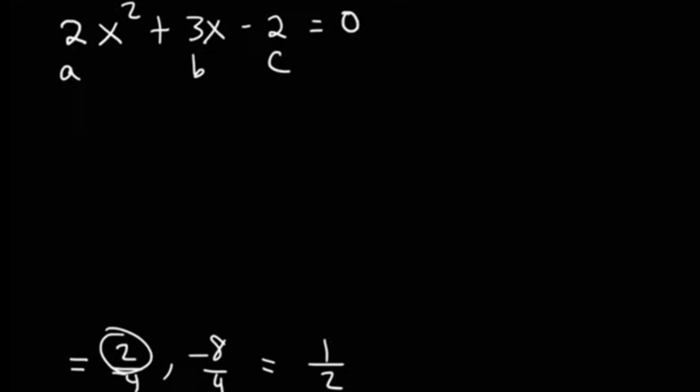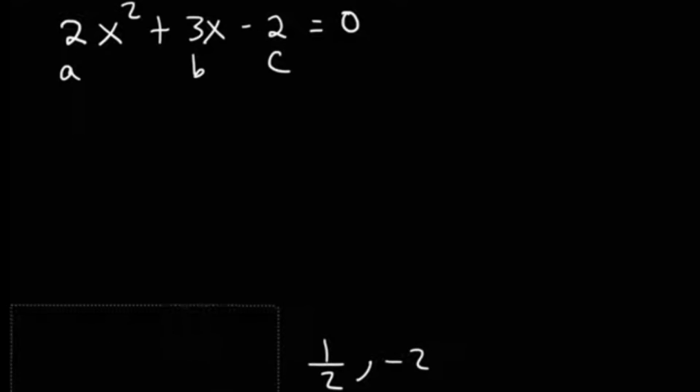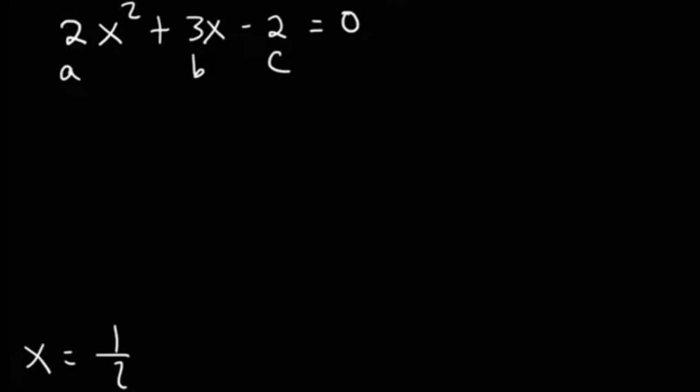If we divide both terms by 2, negative 8 divided by 4 is negative 2. X equals 1 over 2, or x equals negative 2.